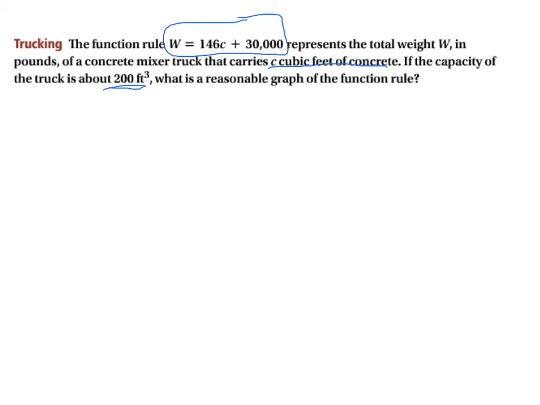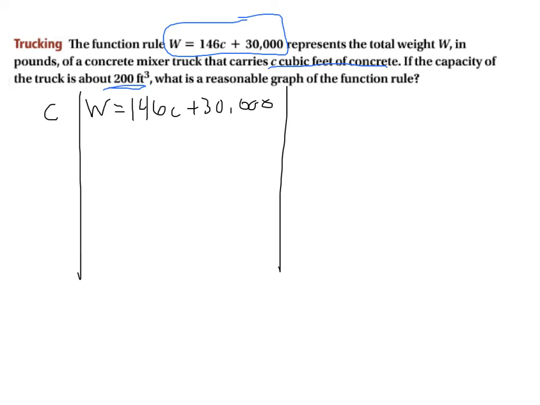So we're going to solve this in the same process, except now instead of having x, I'm going to have my c. And my W equation is going to go in the middle, plus 30,000. And then I'm still going to have my ordered pair, C, W. But when I pick my numbers here, I want to make sure to go all the way up to 200 because that's the highest that it can reach, because it cannot go any higher than that.